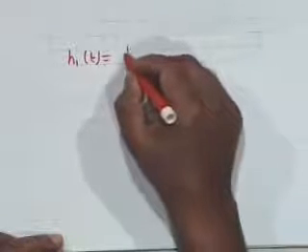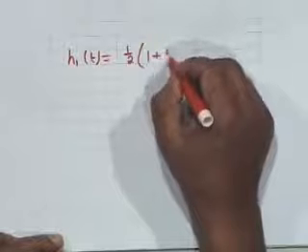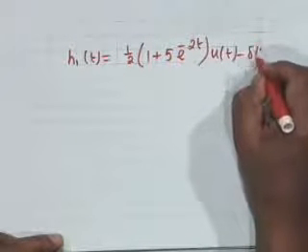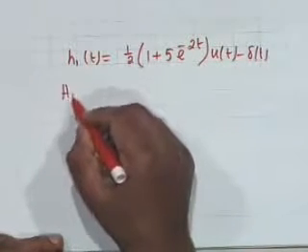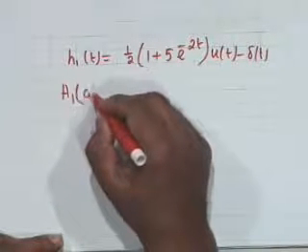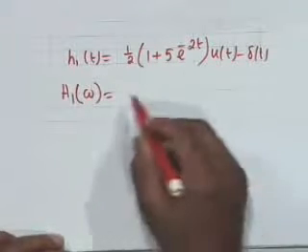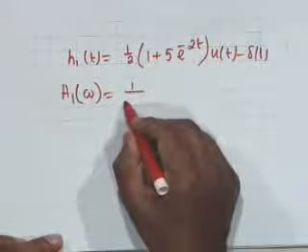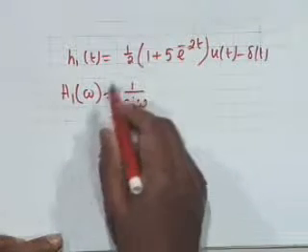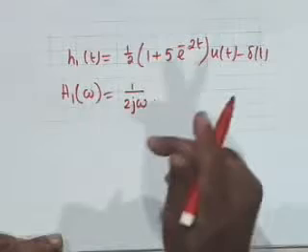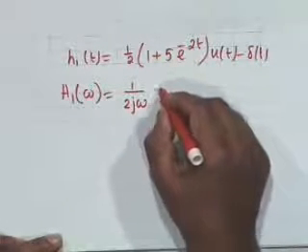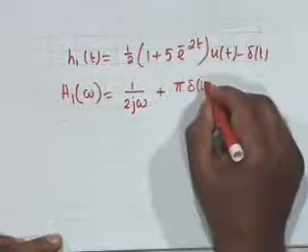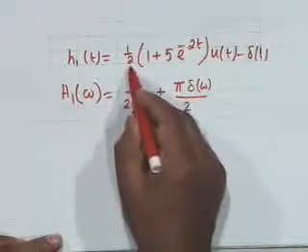H1(t) is half (1 plus 5 e to the minus 2t) u(t) minus delta(t). So the first thing you find out is H1(omega), the Fourier transform of this. Half u(t) takes care of 1 by 2 j omega, this 2 comes from half, and u(t) transform is 1 by j omega plus pi delta(omega), but then you have to divide by 2 because of the factor 2 here.